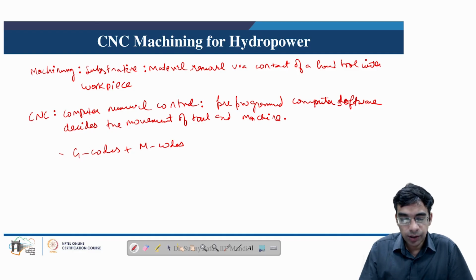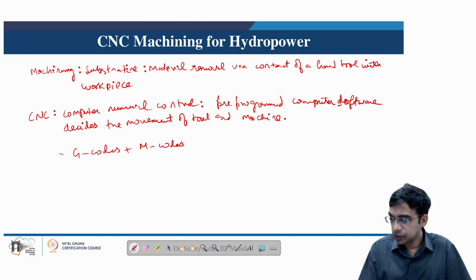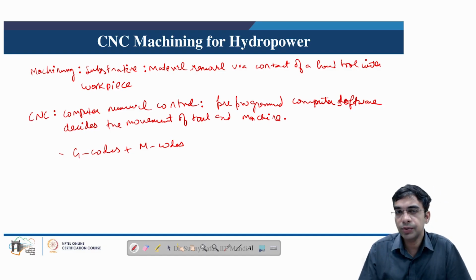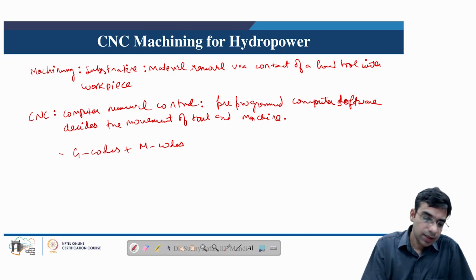So we can say that modern CNC protocols enable production of parts via pre-programmed software, mostly with respect to the accurate dimension of the part, and converting this part from the CAD model into the actual tangible product using computer aided manufacturing software.